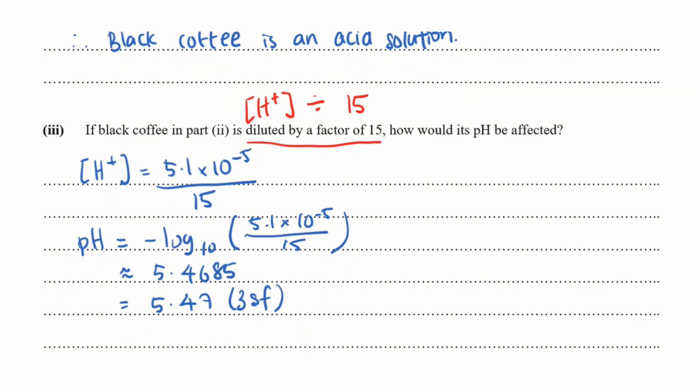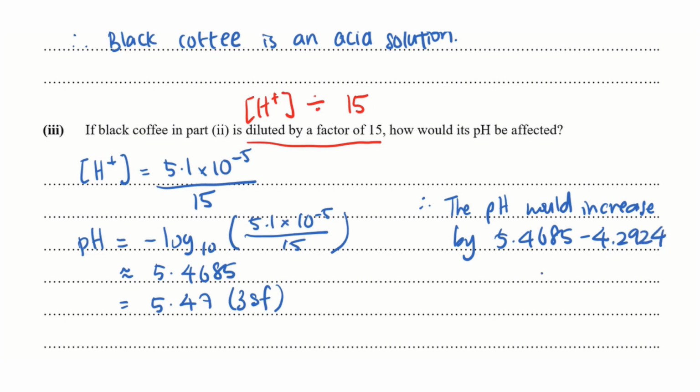So how this pH is affected is that we can draw a comparison by taking the difference. Writing it on the right, the pH would increase by 5.4685 minus 4.2924, which is the answer in part 2.